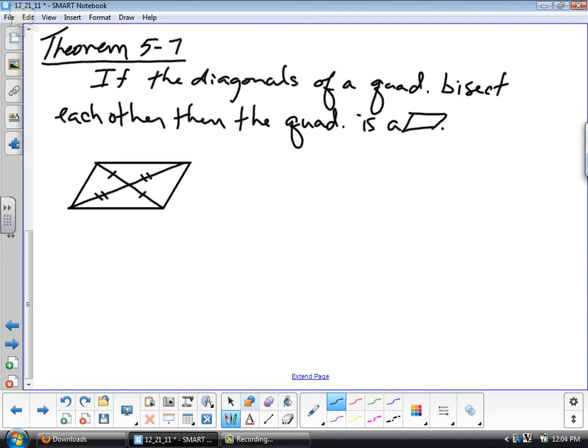What I am going to try to do using this information is prove that these triangles are congruent, which means that this pair of sides, AB and CD, are both congruent and parallel. If I can prove these triangles congruent, then I have one pair of opposite sides that are both congruent and parallel.